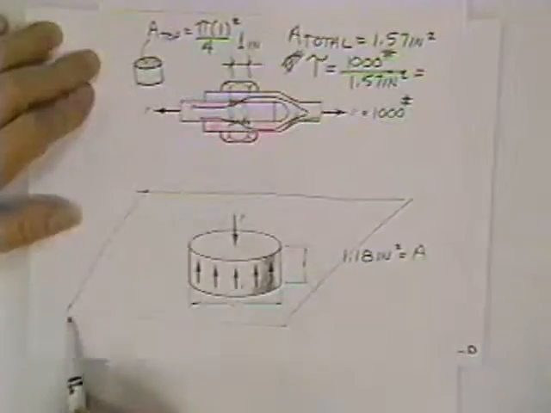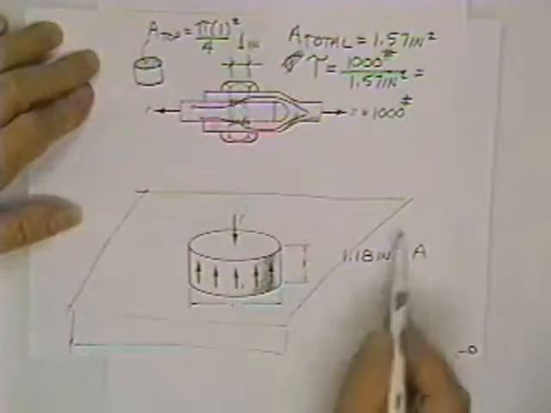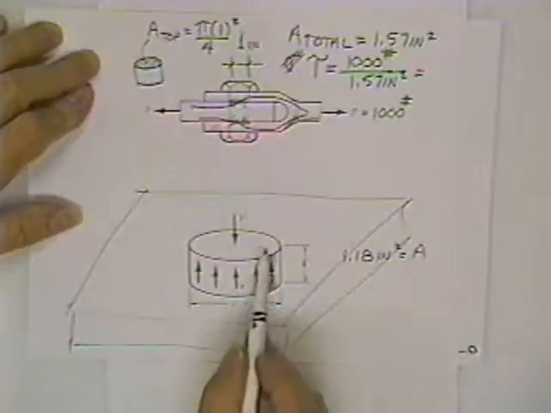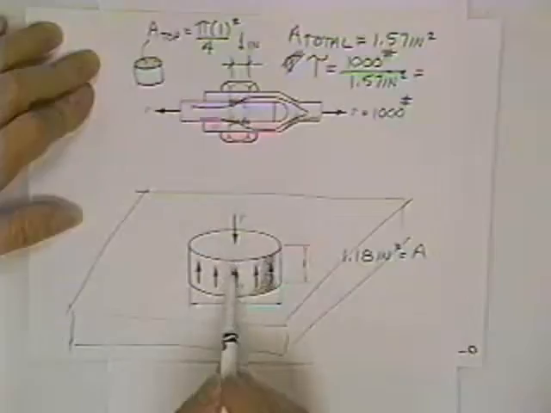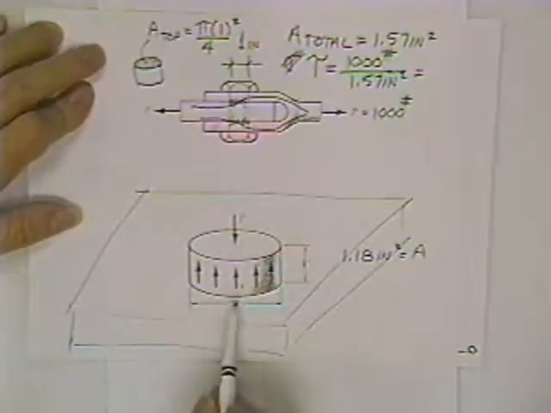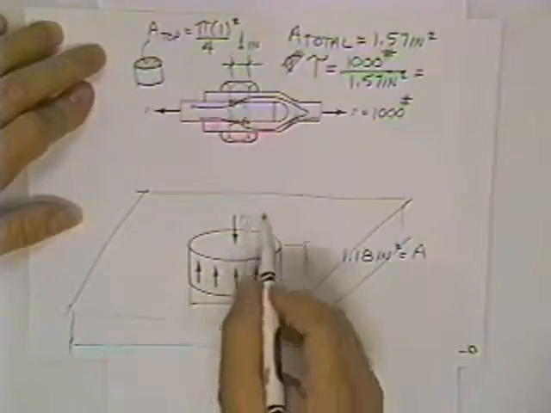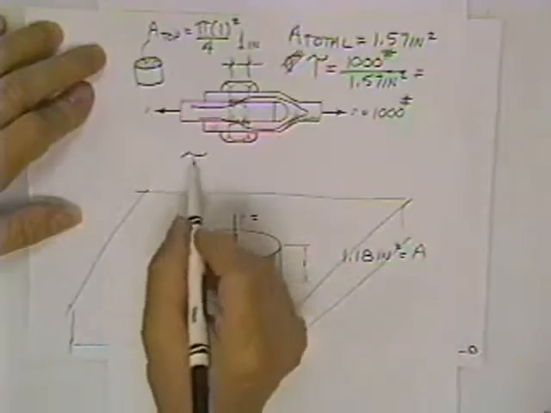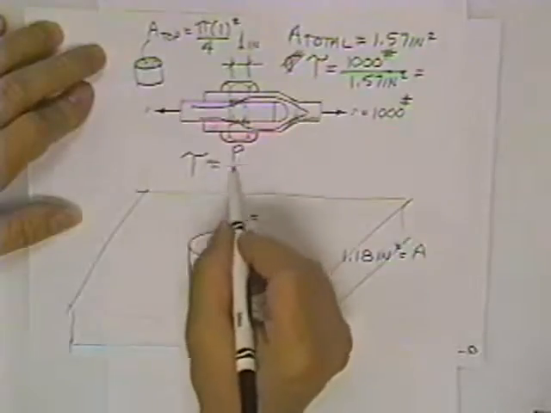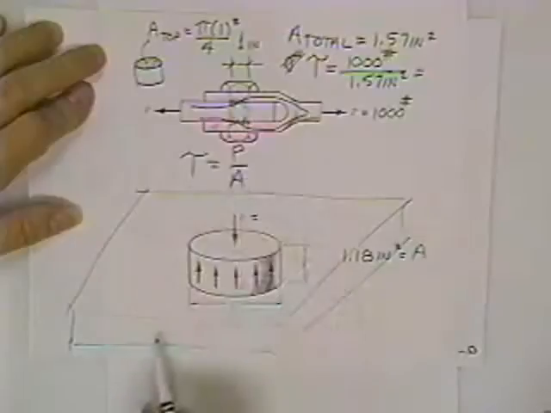Now here is a plug of material. It used to be inside of a plate. The plate looked like that. Someone took a die and a punch, and they actually punched this hole in the plate. And we were asked how much load it took. Well, the equation for the stress again is load over area.